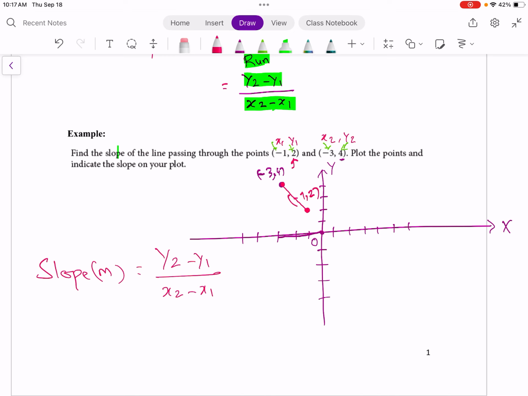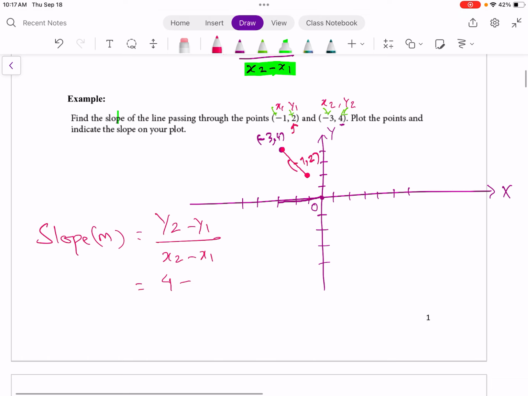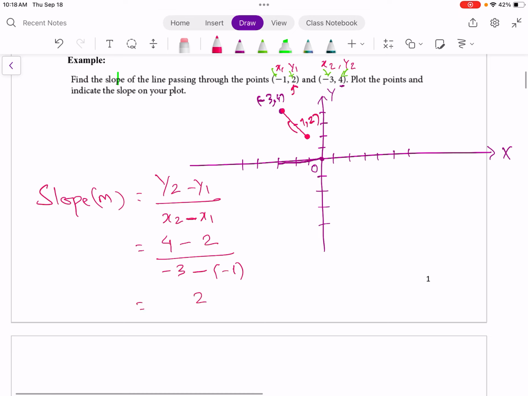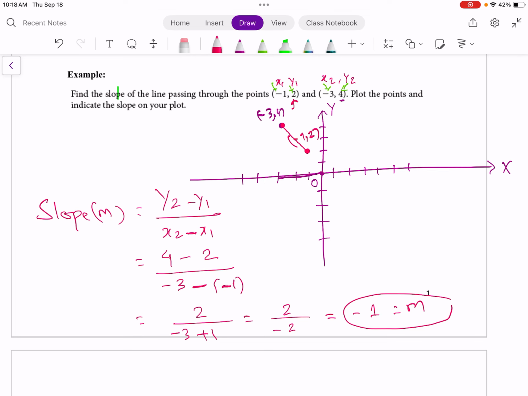Substituting, y2 is 4 minus y1 which is 2, divided by x2 which is -3 minus x1 which is -1. So this is 4 minus 2, 2, divided by -3 plus 1, which is 2 divided by -2, and we have -1. This is the slope of this line, -1.